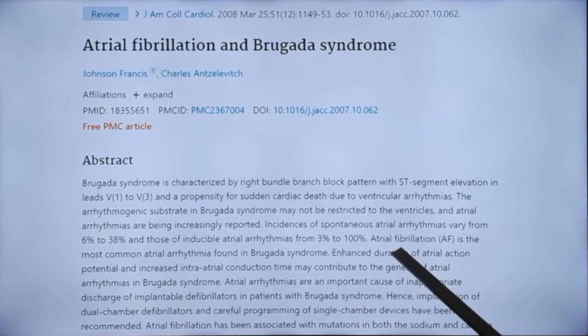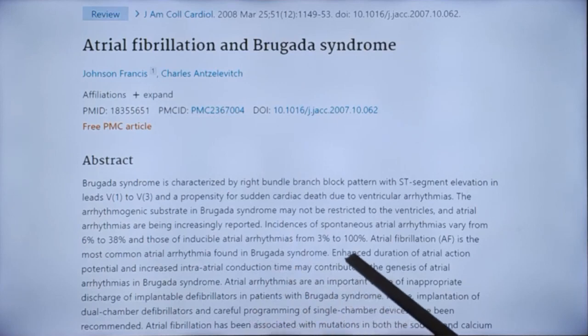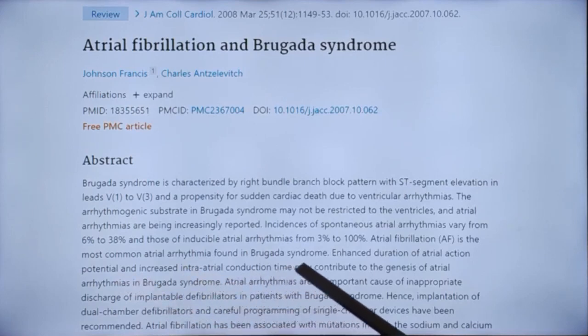Of course, the commonest sustained arrhythmia in the general population is atrial fibrillation. It is also the most common atrial arrhythmia found in Brugada syndrome. It is supposed to be due to enhanced duration of action potential, and increased intra-atrial conduction time may contribute to the genesis of arrhythmias in Brugada syndrome.